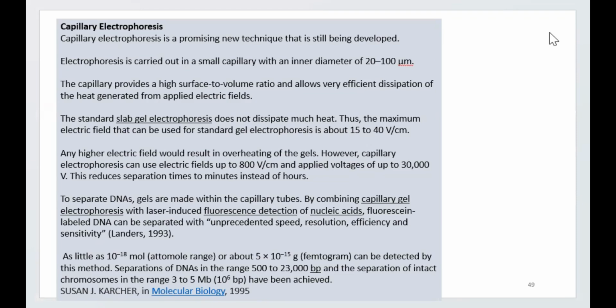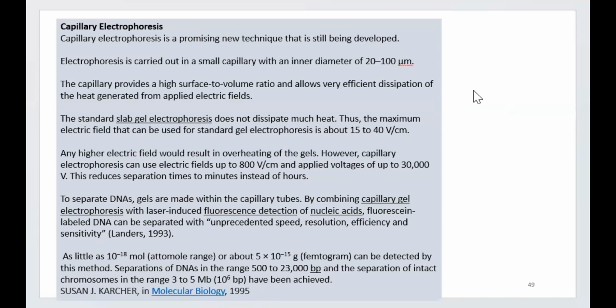These materials and matrices have a sieving effect, so the mobility of the molecule is based not only on charge. The direction of mobility is based on charge, and the speed of the mobility is governed by the molecular size as well.